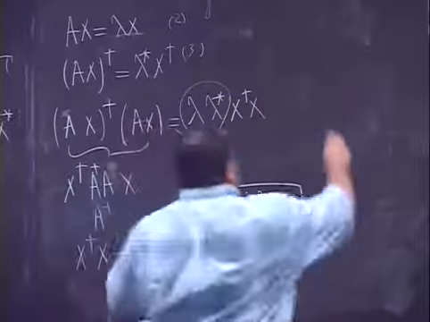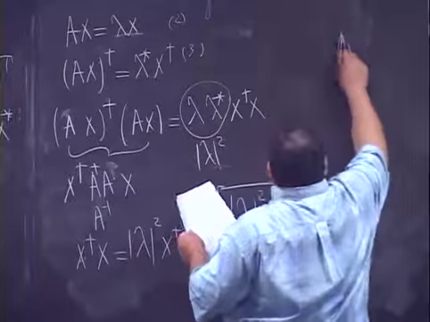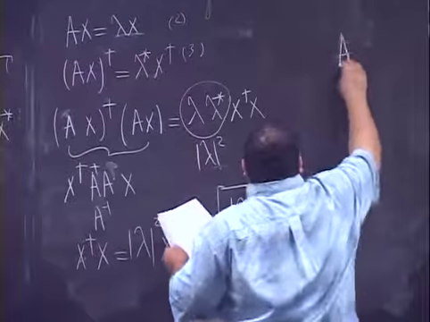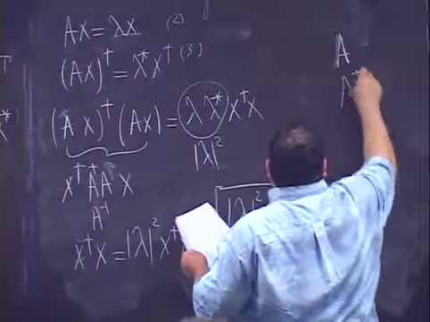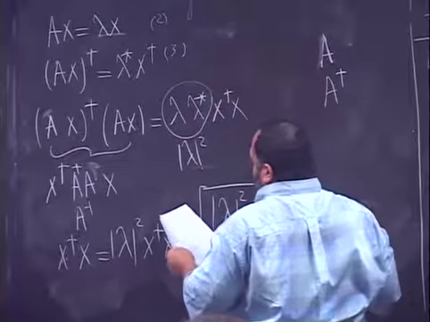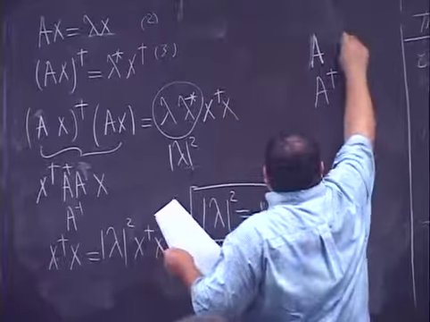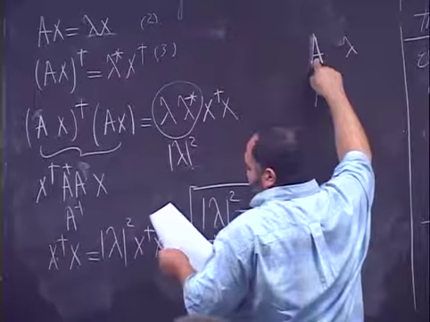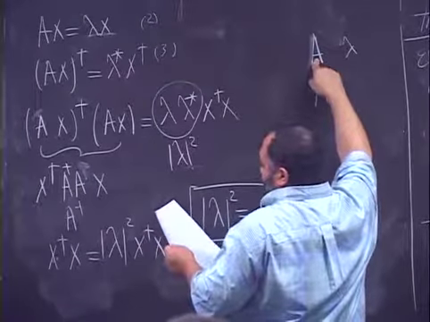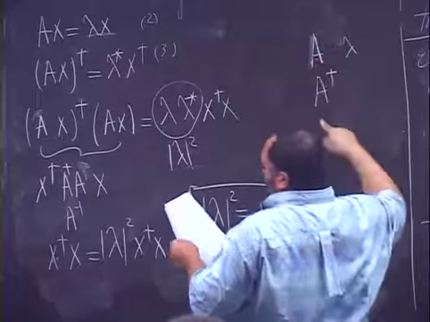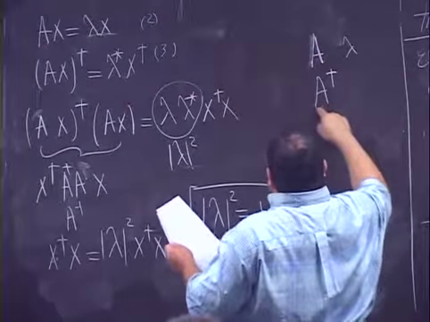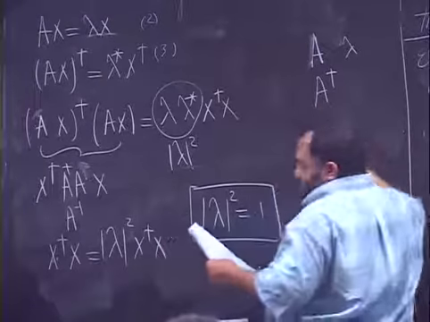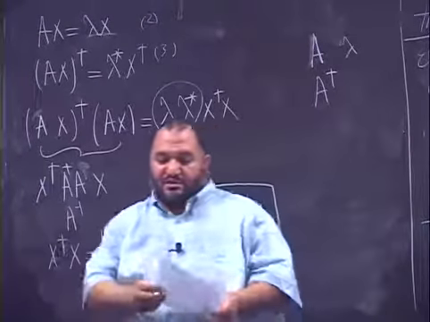So if you have a normal matrix A, and you take the adjoint of this matrix, the eigenvalues for this normal matrix are the complex conjugate of the eigenvalues of this matrix here. So we will deduce it next time.